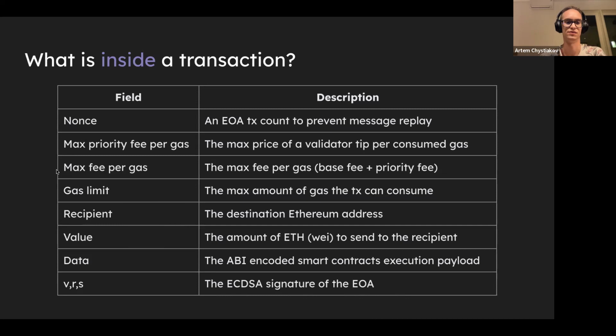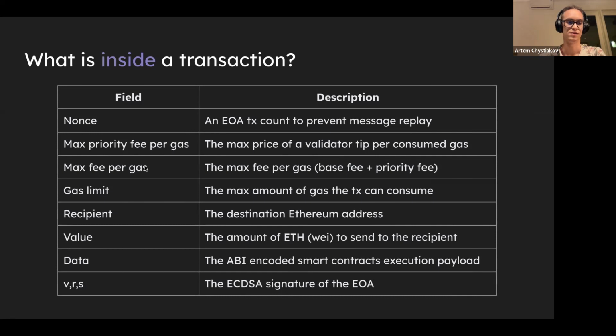But after the London hard fork, this basic auction-based model has changed into two variables. The first variable is the max priority fee per gas. It is just a simple gas price as it was before. It is the amount of Ether you're willing to pay directly to the validator that will include this transaction into the block. It is called the validator tip.